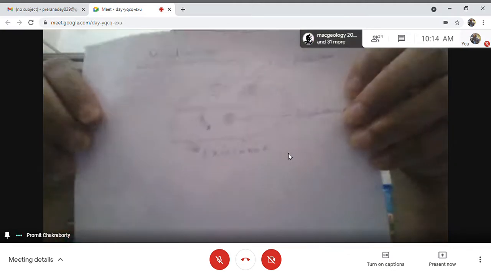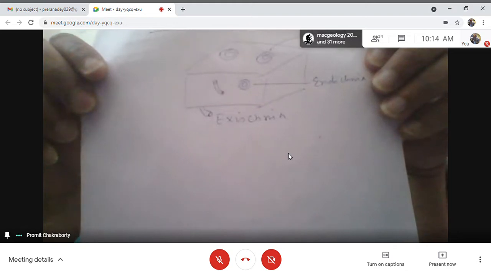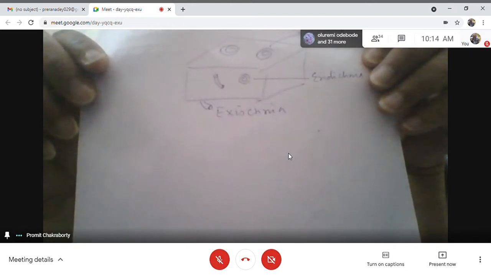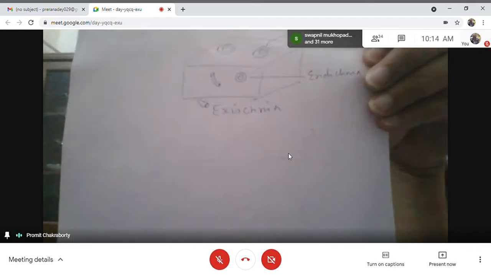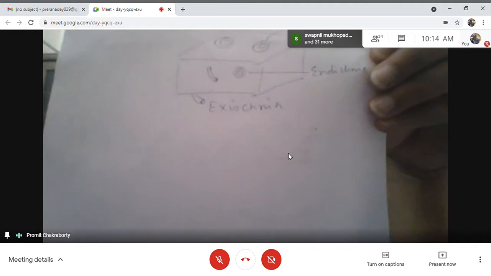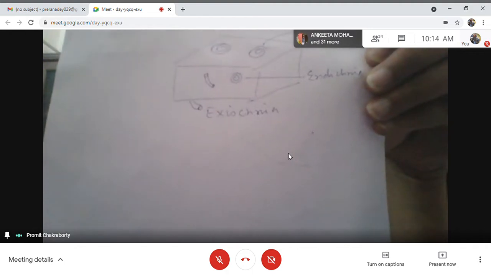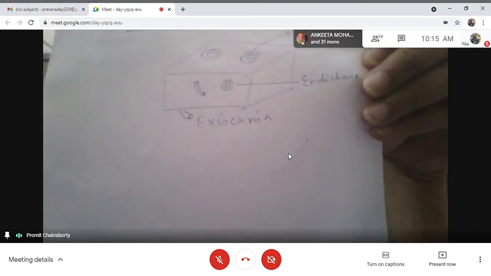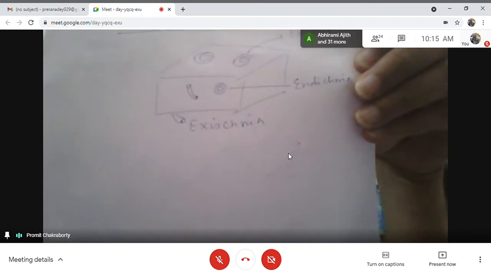Can you see it? Yes, sir. Okay. So what Martinsen tried to do was classify the trace fossil based on whether it is on the surface of a bed, within a bed, or outside the bed.